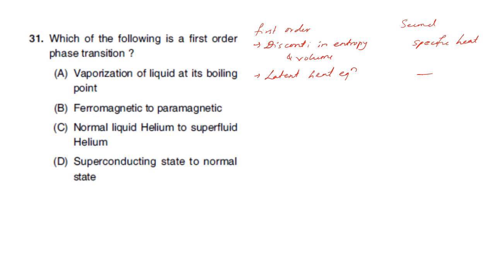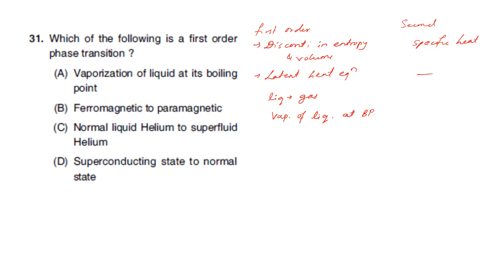Examples of first order phase transition are liquid to gas phase transition away from the critical point, then vaporization of liquid at its boiling point.